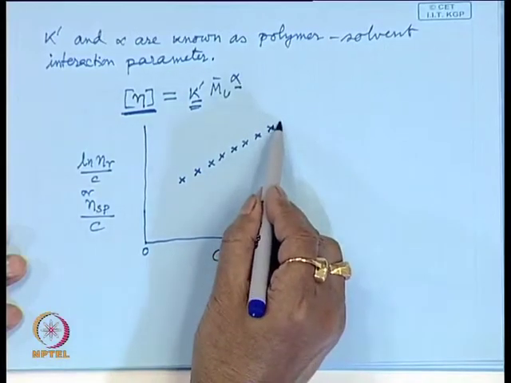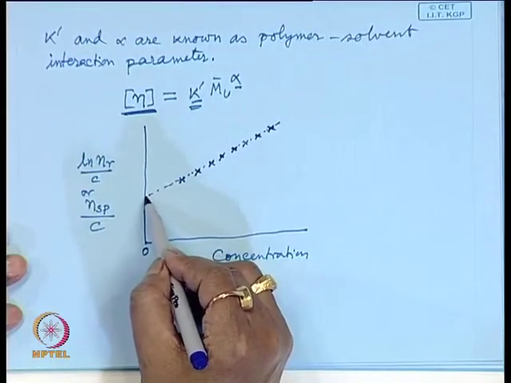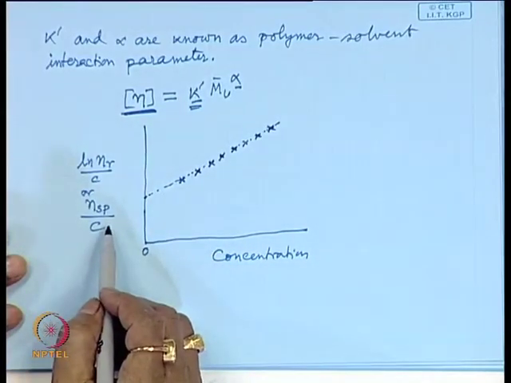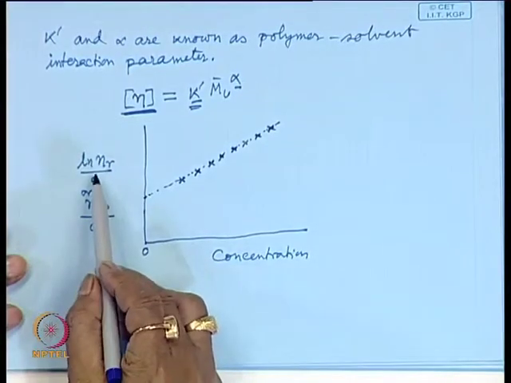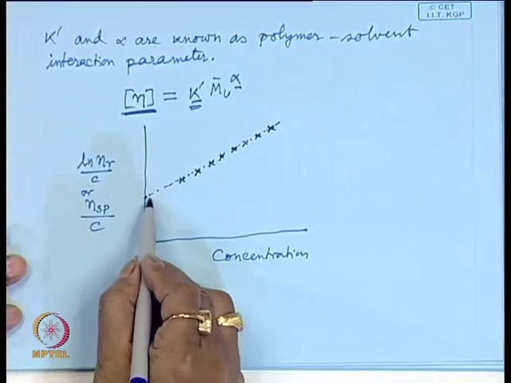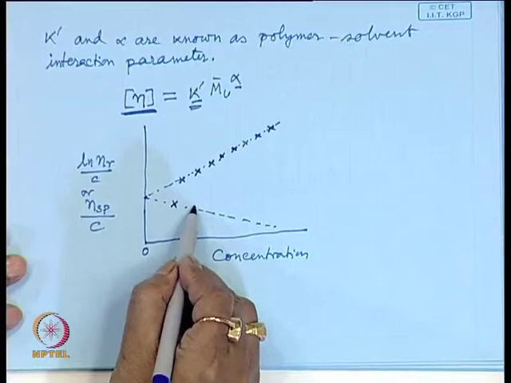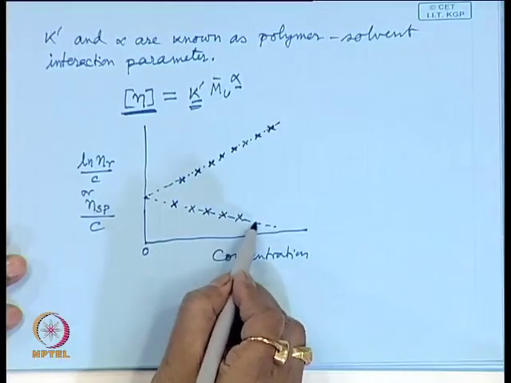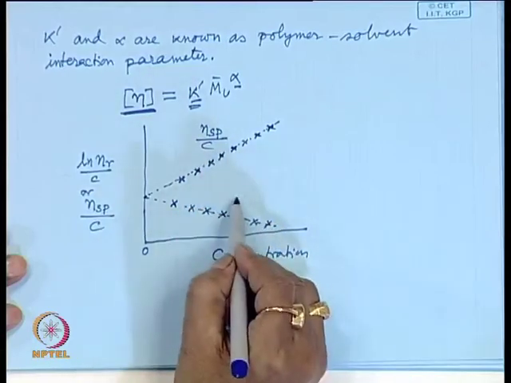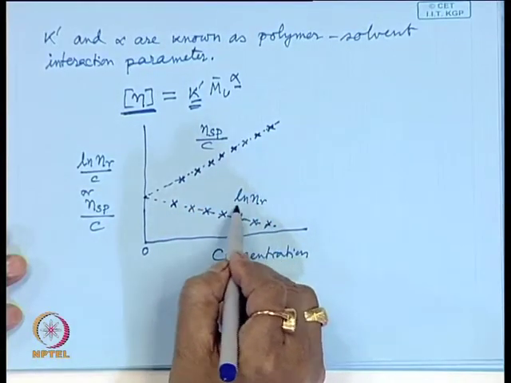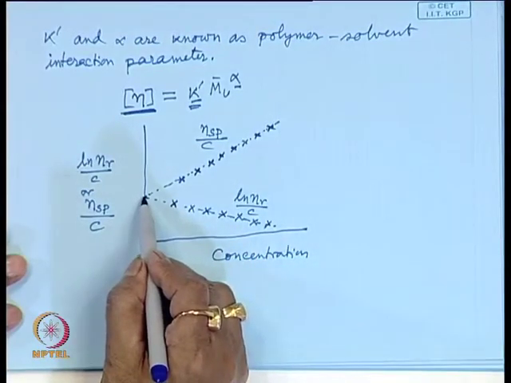Then you extrapolate to the y axis. If you plot ln eta relative by C, it can show you a relation like this. So this is eta specific by C, this is ln eta relative by C, and you are extrapolating to the y axis.